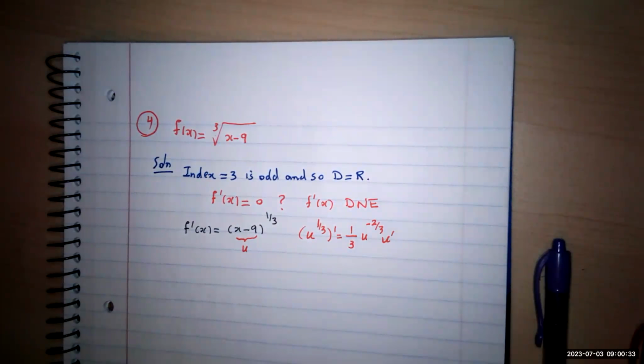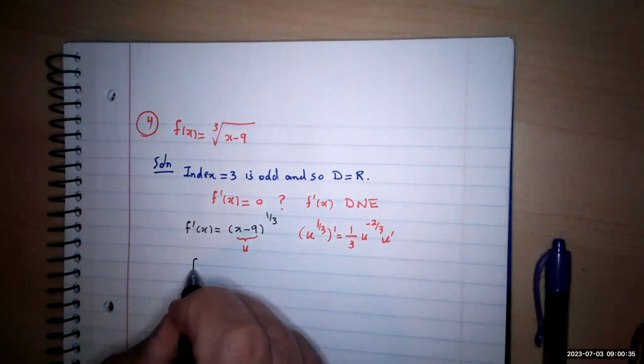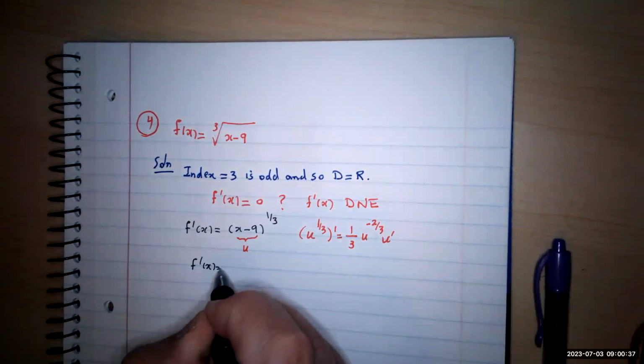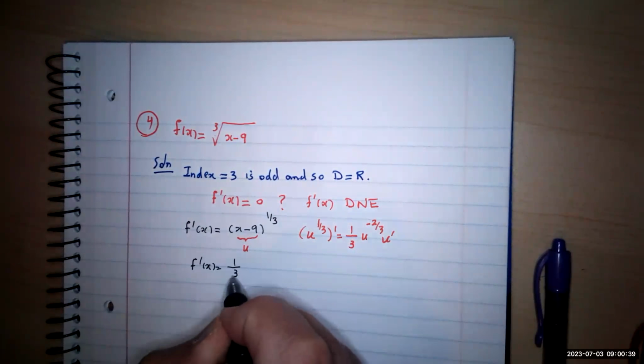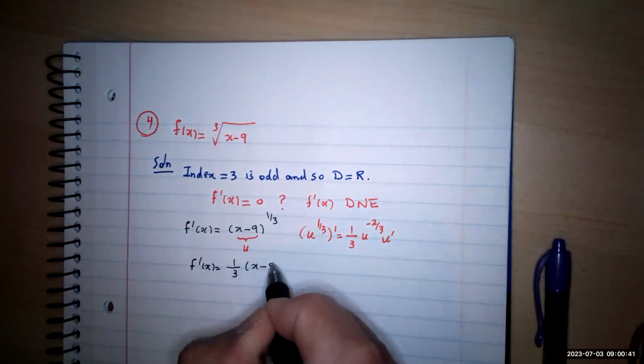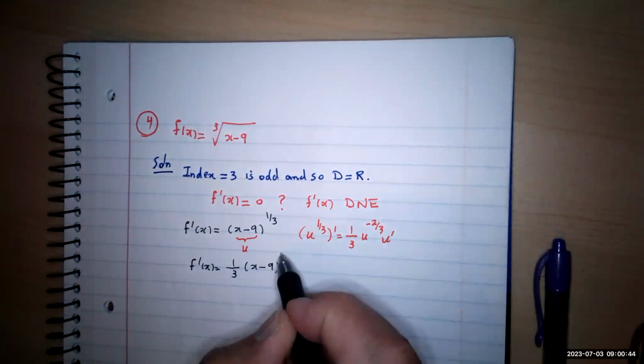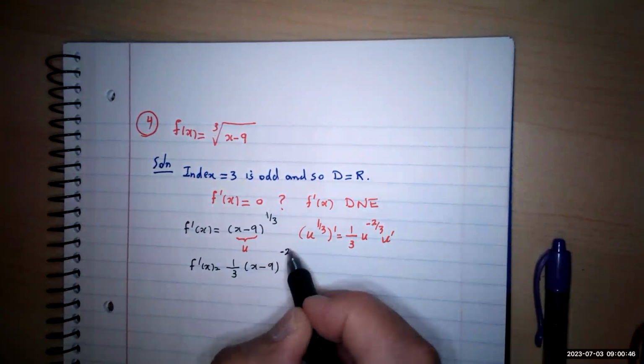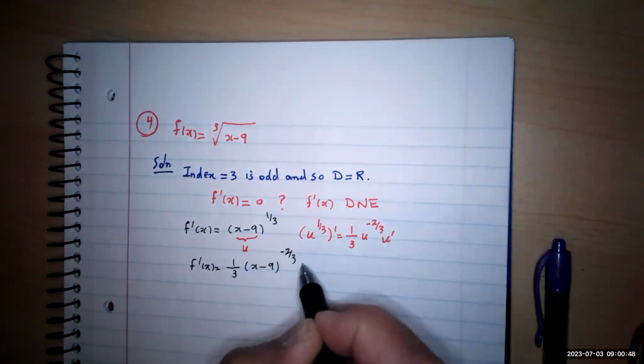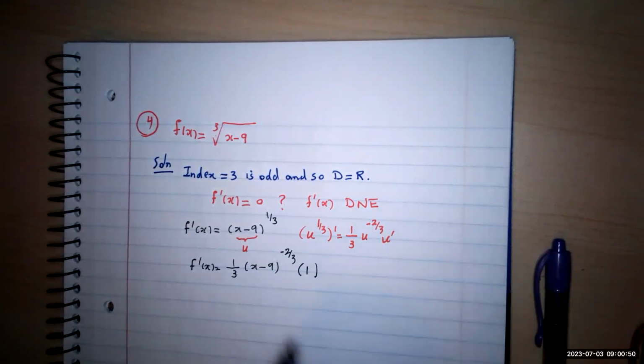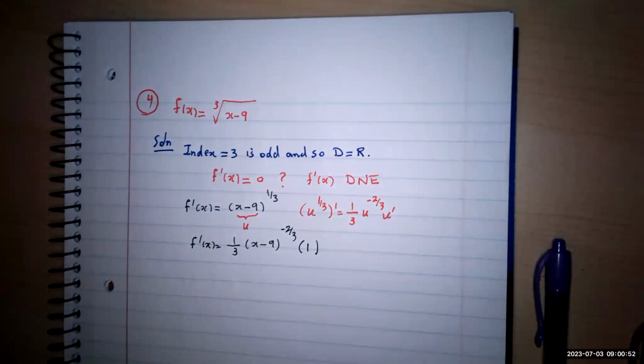So operate. So this is it. Your f prime of x is going to be equal to the power down, 1/3 x minus 9 to the negative 2/3, times u prime. U prime, derivative of the inside. Derivative of the inside is 1. So continue, these are monomials, you multiply together, and you have to simplify it.